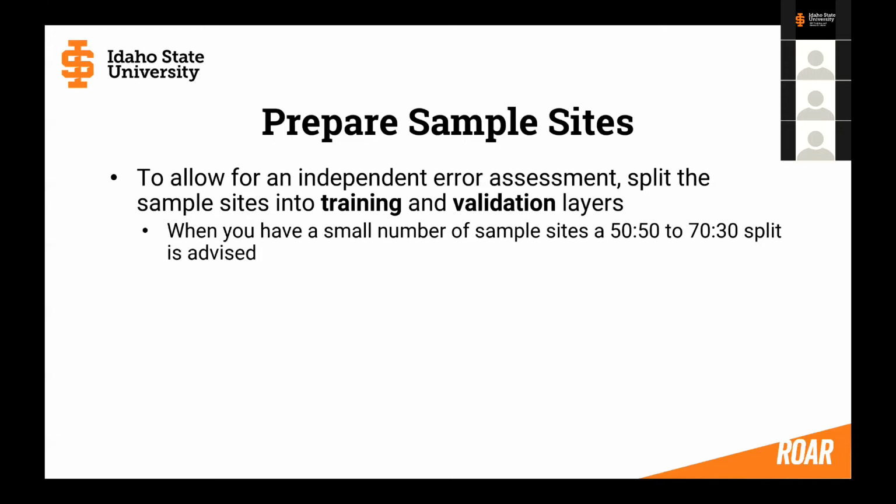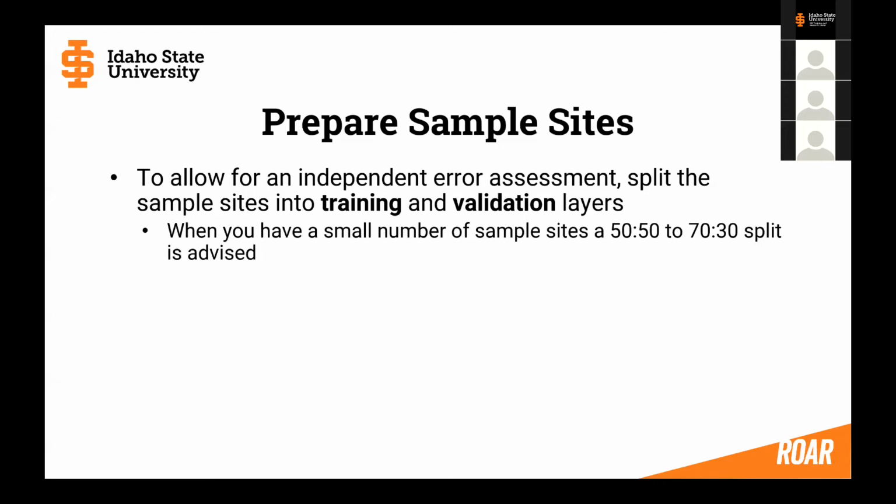So we're going to take all of those sample sites that I previously prepared, the red and blue dots, and I'm going to split those things into training sites versus validation sites. Now, when you have a small number of sample sites, and we kind of do for this study area, I will make a split of 50-50 or sometimes 70-30. 70% of the points being used for classification training and 30% used for validation.